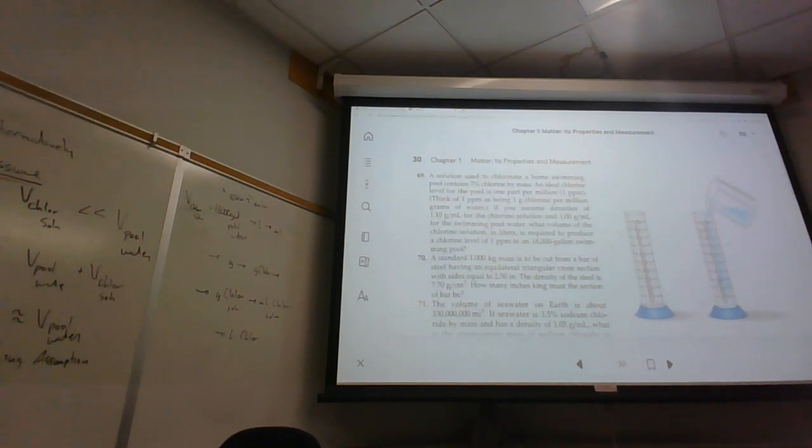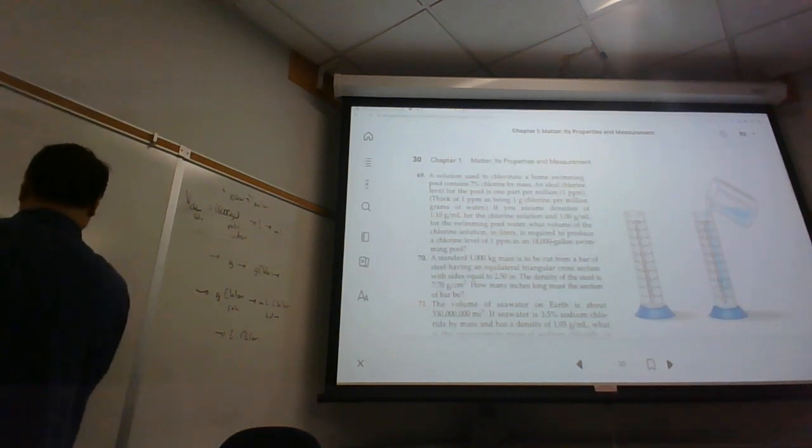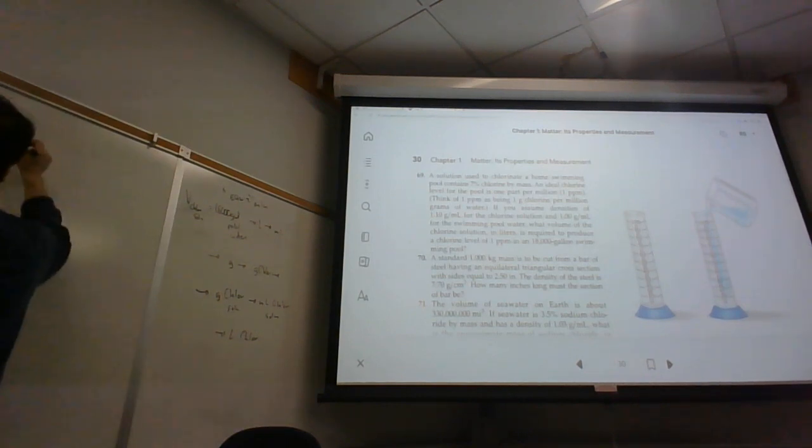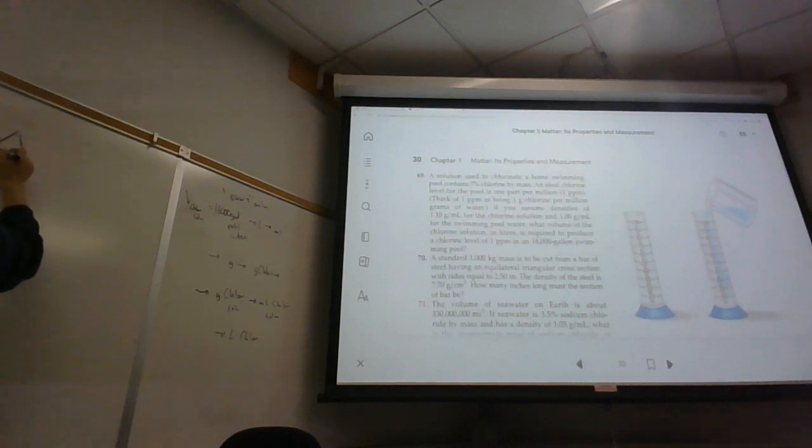Okay, thanks. All right, so what did we get for the area then for this? 2.706. Okay. So the area of this is 2.706. Square inches? Yeah, inches squared.